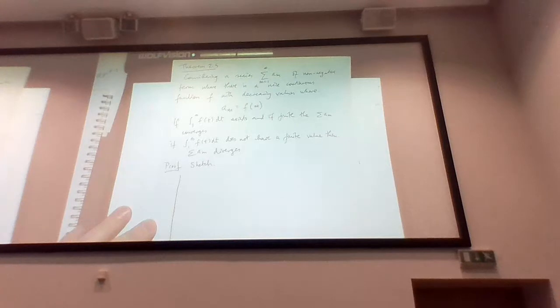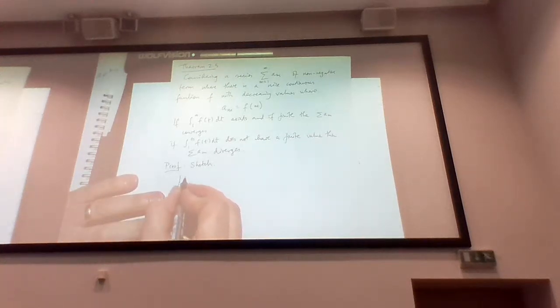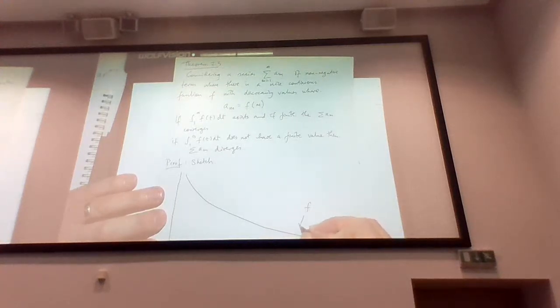We've got a pair of axes. That's not very red colors. Okay, so let's draw first of all our function. So here is our decreasing function with positive values. Okay, that's our function f.